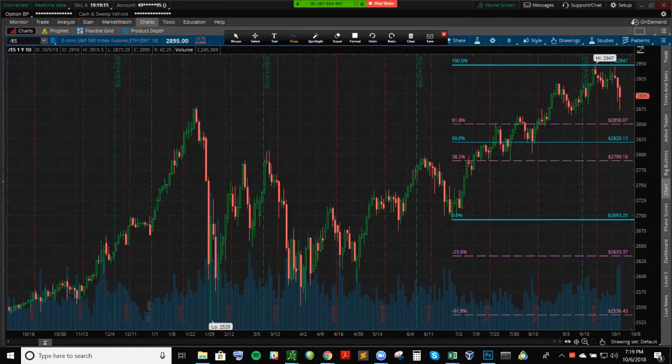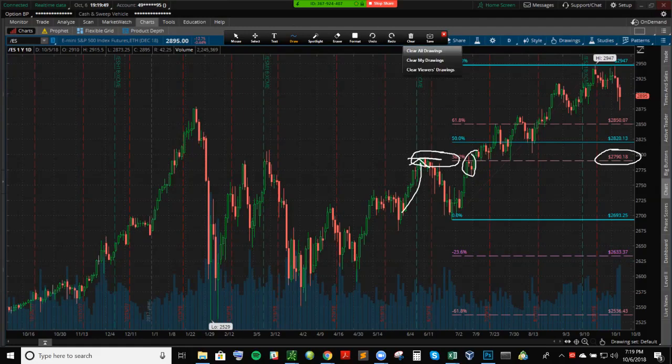You'll notice that this fib coincides with a previous resistance area where we were pushed up and we failed, and then we finally broke through it right here. So this can be seen as a retest of this support, but I usually really like to see fib levels coincide with areas like that. It gives me more confidence taking a trade in the direction opposite the price move. So I'll look for a bounce in that area.